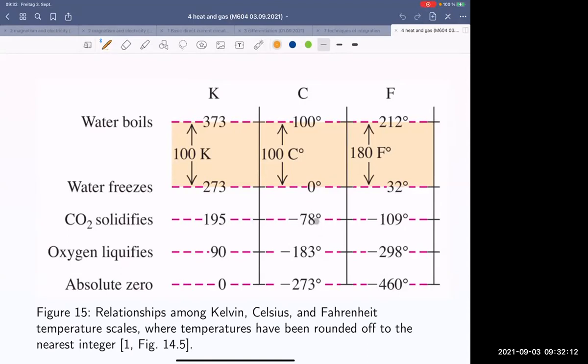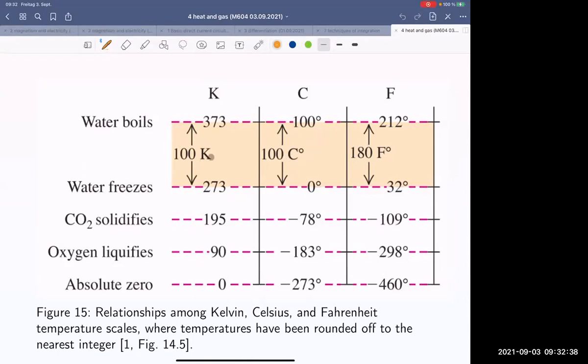At negative 78 degrees Celsius, or negative 109 in Fahrenheit, carbon dioxide starts to become solid. And for water, this is what we have already considered.